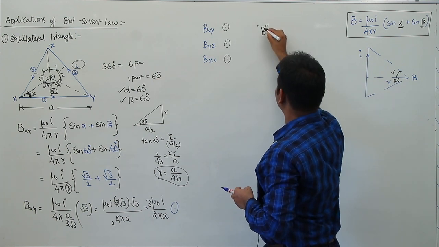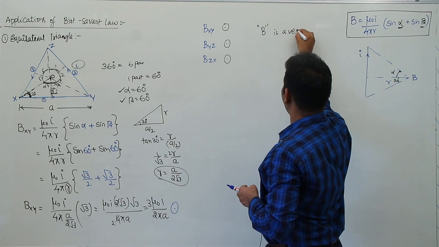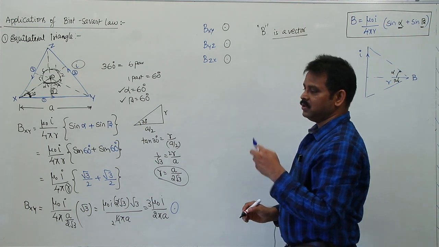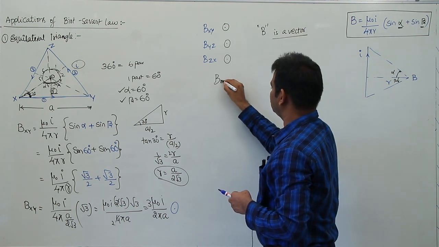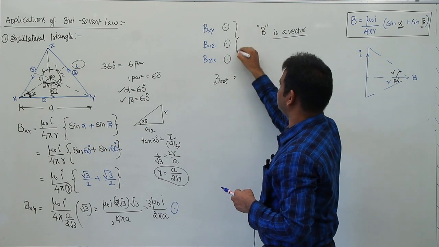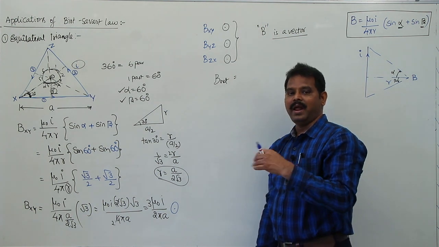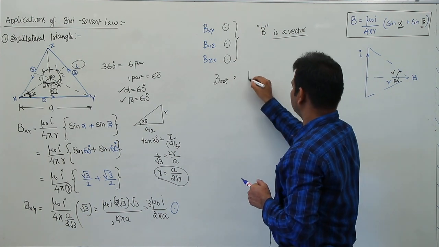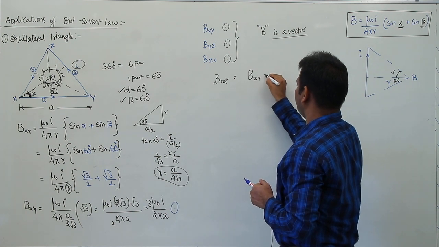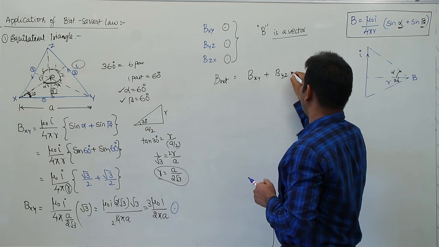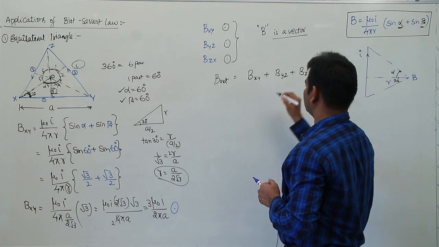Magnetic field is a vector. So as it is a vector, the net magnetic field is given by, as all are acting in the same direction, we can add them directly. So this will be B_XY plus B_YZ plus B_ZX.